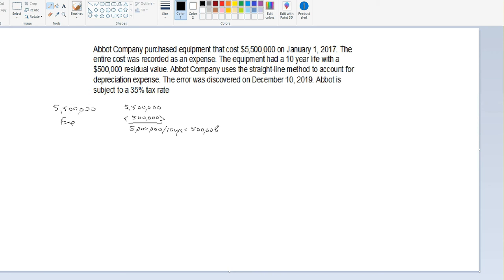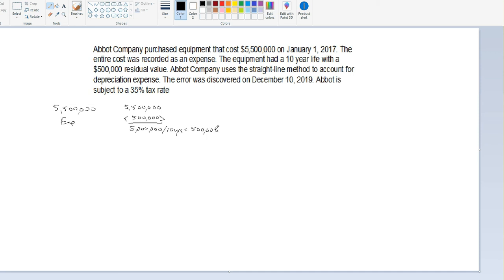So a question might be asked, how much did they understate or overstate net income in the year 2017? Well, if they overstated expenses, they would have understated net income. In other words, they recorded too much expense, and so their net income was lower as a result. So we have to account for that.